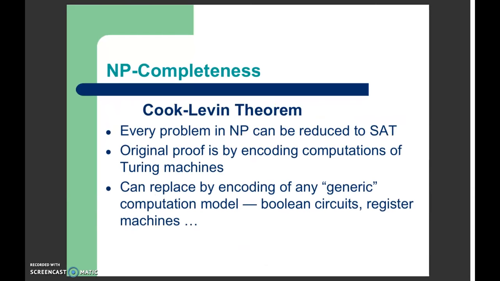NP completeness by the Cook-Levin theorem is a very interesting and very famous theorem. Every problem in NP can be reduced to SAT. The original proof is by encoding computations of Turing machines. I have not given the original proof here as it is too lengthy, and it can be replaced by an encoding of any generic computational model.